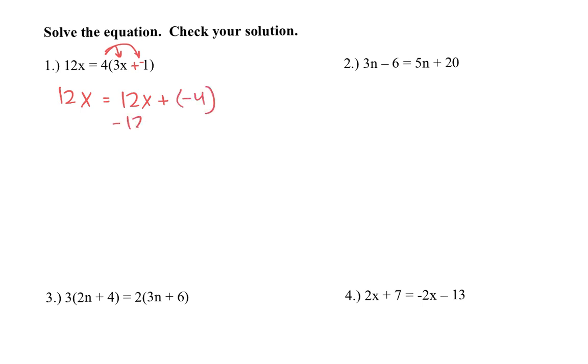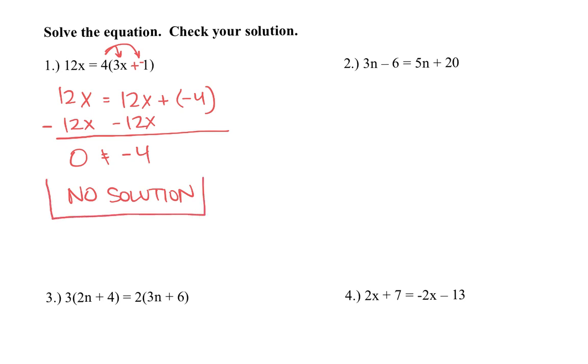So then I'm going to subtract 12x, because again I'm trying to get my variable parts to the same side. And over here I have 0, and on the other side I have -4. Ooh, I can see I've got an issue here. 0 does not equal -4, and so this is no solution. I have to write the words no solution and box that, but I don't need to do a check step.